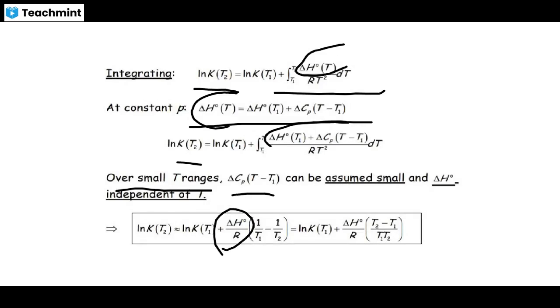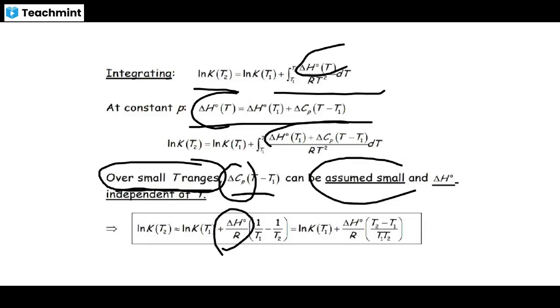Delta Cp is assumed to be small. Delta Cp is nothing but the change in heat capacity over the temperature range. It is mostly constant, so for the given temperature range it is very small. So you can neglect this term. Only delta H by RT here.